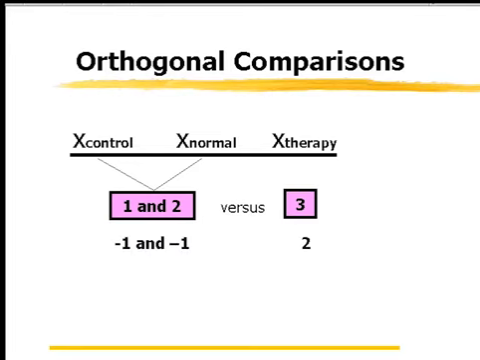And what we do with the statistics software, and we'll show you it a little bit later on, is with these orthogonal comparisons, we look at a -1 and a -1, and this is what we put into the computer software for the orthogonal contrasts. And then we compare it to group number 2 here, or think of this as a +2. So if we add this -1 and this -1, we come up with a -2, plus 2 is equal to 0.